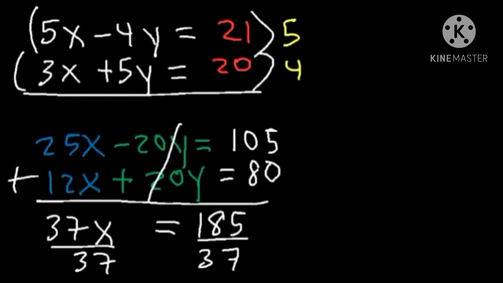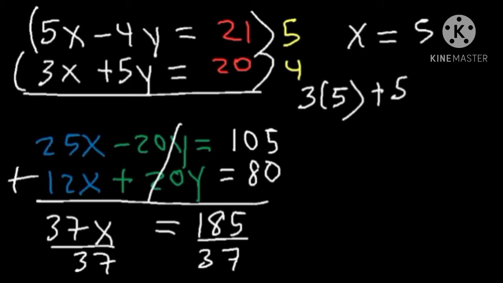And 185 divided by 37 is equal to 5, so x is 5. Now let's plug in 5 into the first equation. Actually, let's use the second equation. It might be easier, so let's replace x with 5, and let's solve for y.